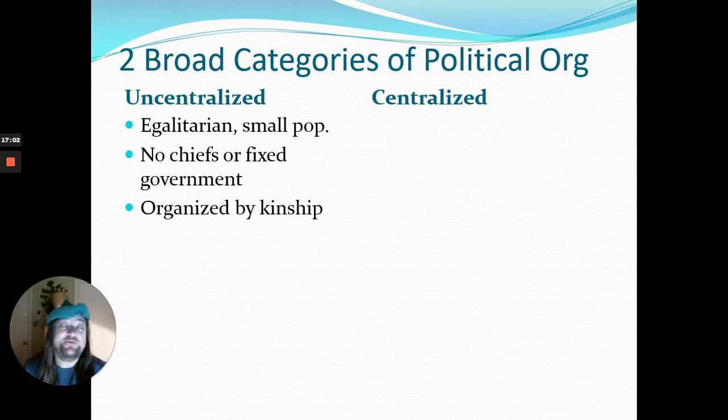Last week when we talked about family and marriage, part of that discussion was about lineages and clans and how people are organized in some societies into these descent groups. Well, here's one holistic link: those can be very political, in the sense that these descent groups, where people are linked through ancestry, will sometimes also be political entities in terms of how they interact and deal with other lineages.